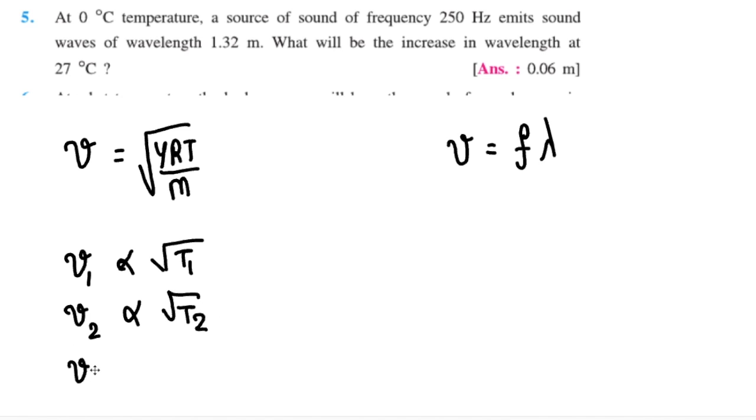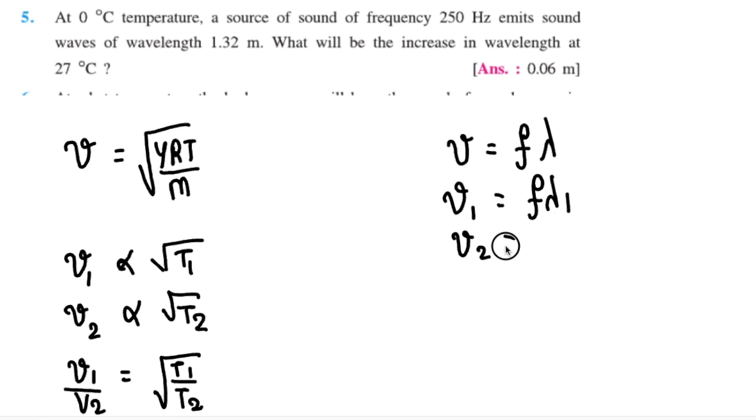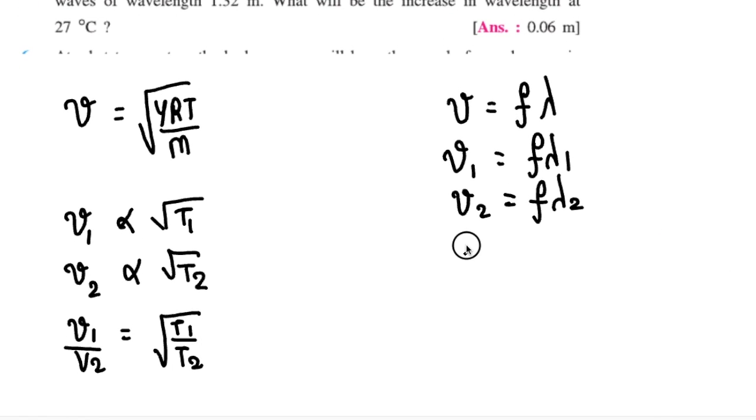From here I get one ratio, V1 upon V2 is equal to root of T1 upon T2. That is the simple ratio. From here, if my V1 is equal to f lambda 1 and my V2 is equal to f lambda 2, I can get the relation V1 upon V2 is equal to lambda 1 upon lambda 2.